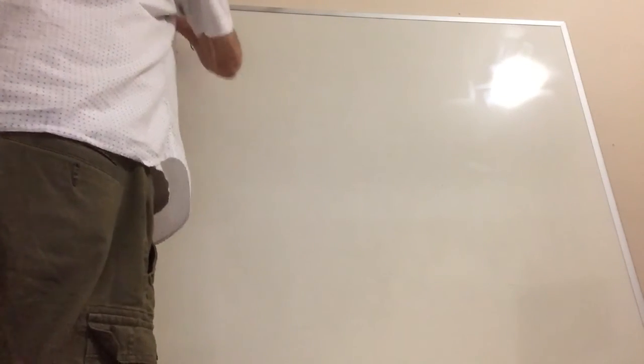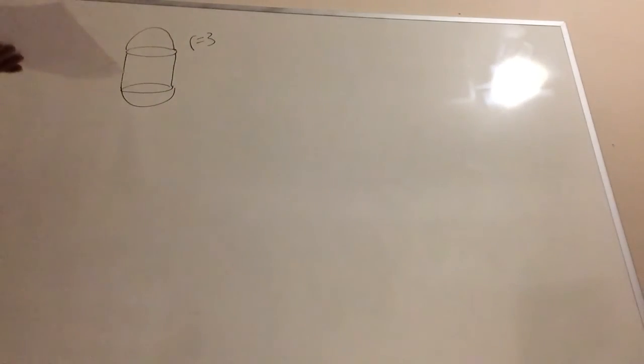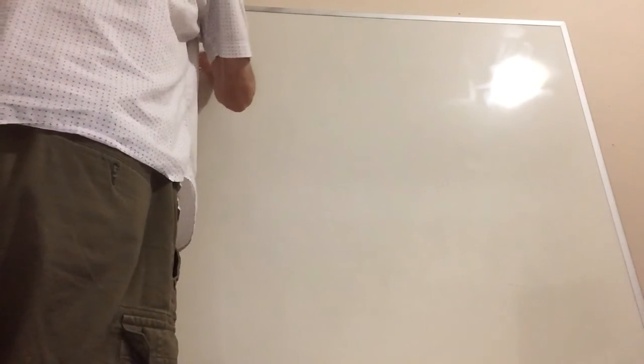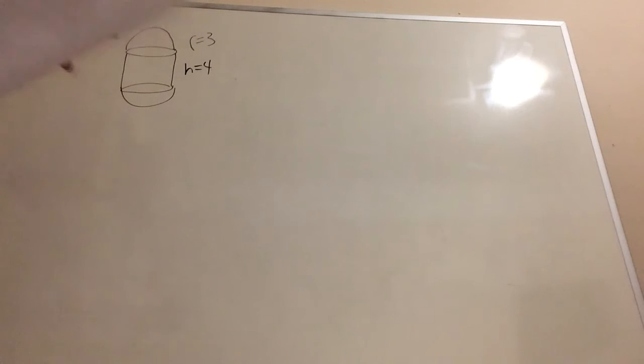We can't do anything without data. The radius is 3. Well, that's all we need for a half sphere or a sphere. And the height is 4, but that turns out to be all the data we need because they're both spheres, being congruent, share the lid, if you like, or the top over here with the cylinder.